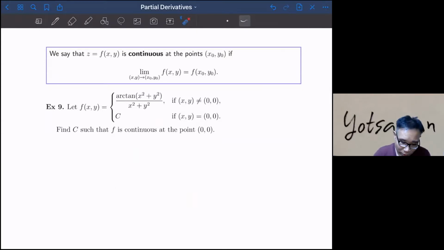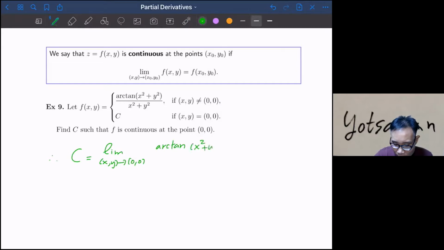So we need c to be just the limit as (x,y) goes to (0,0) of arctan(x squared plus y squared) over x squared plus y squared. Okay, so we need c to be this limit.